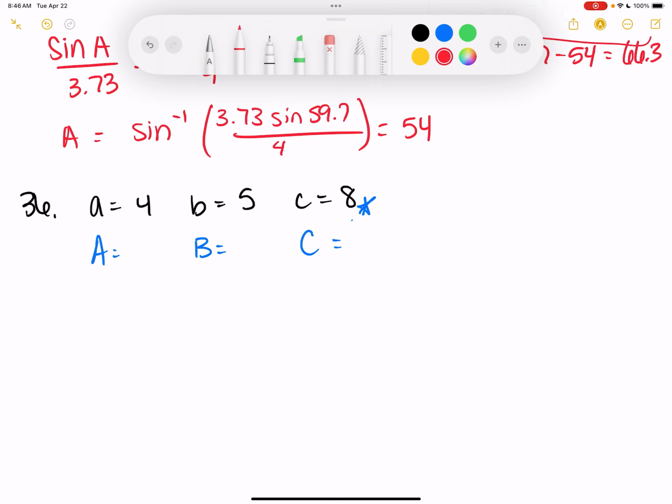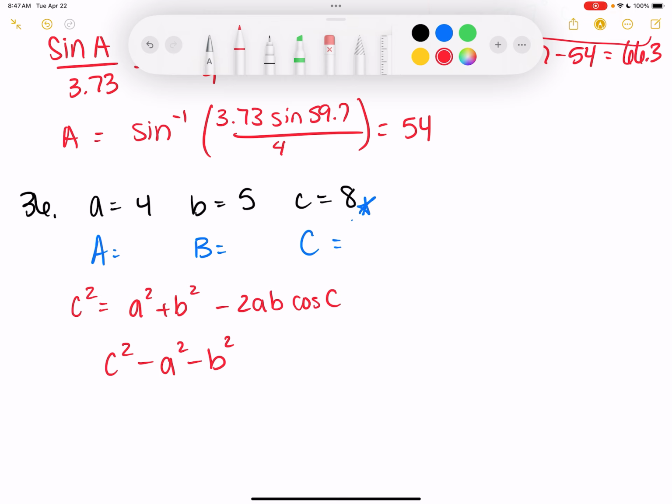So the formula is c squared is equal to a squared plus b squared minus 2ab cosine c. So if I want to solve for angle C, I'm going to subtract a squared and b squared. So it's going to be c squared minus a squared minus b squared. And then over here, this is being multiplied by negative 2ab, the cosine of c.